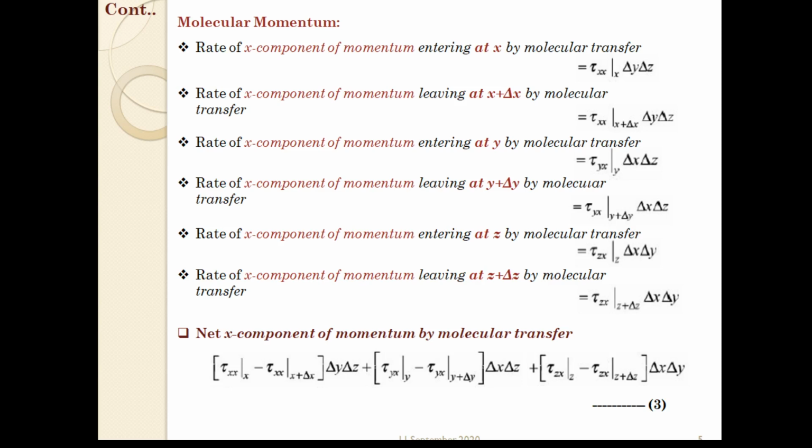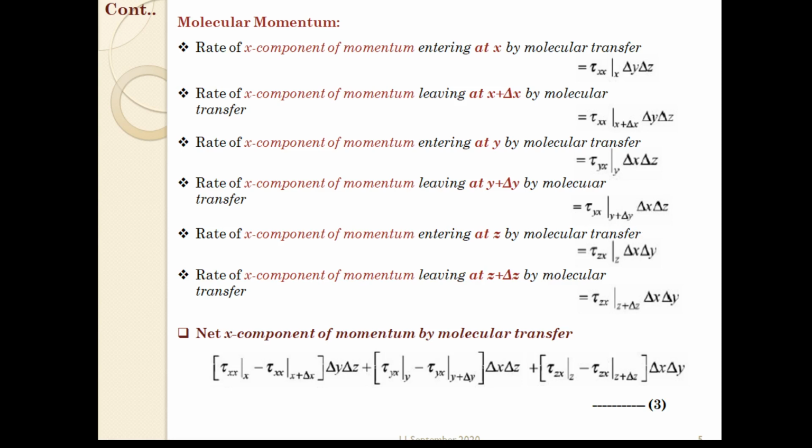So del x del z is the area multiplied with the shear stress acting on the face. Okay, now similarly we can write for the y plus delta y face. This face also has the same area del x del z, and this will also have tau yx.